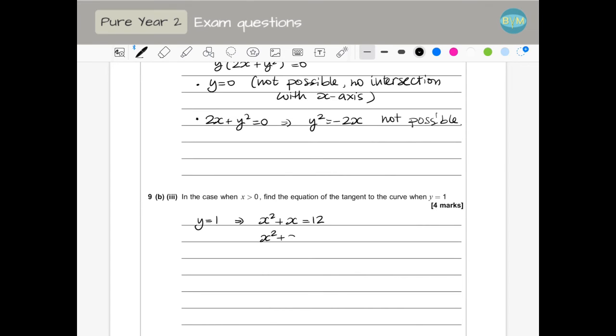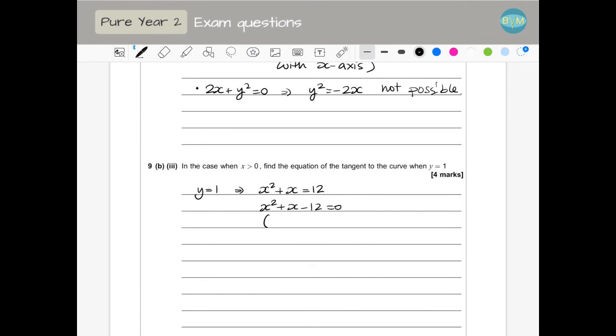That means that x squared plus x minus 12 is 0. When you factorize this one, you have x minus 3 and x plus 4 equal to 0. So x is 3 and x is minus 4. But they say x is positive, so we are ignoring this one and using just x equals 3.